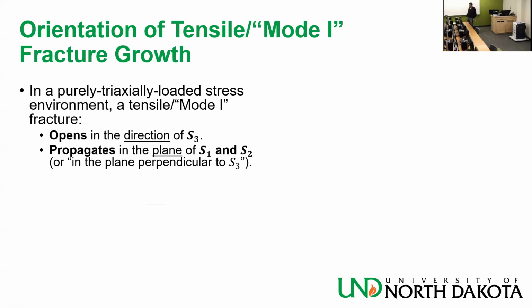So I have a page here that somebody left. This is a fracture. Okay, it's a page. It has length, it has height, and it has width. When we say a fracture opens, we are talking about the width of the fracture, the smallest dimension of the fracture.